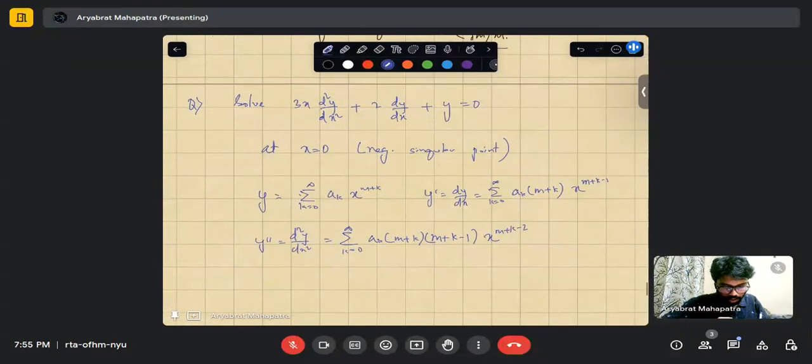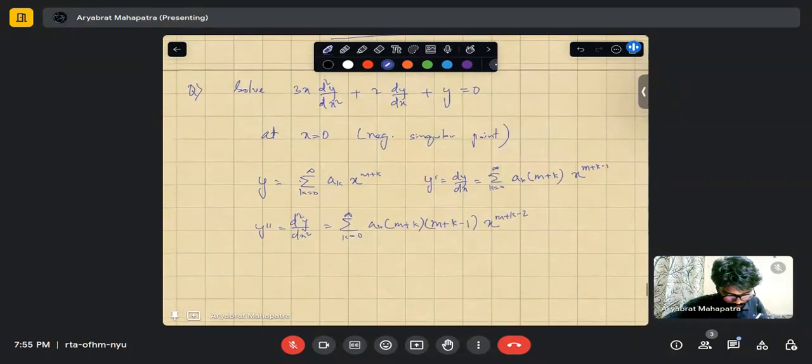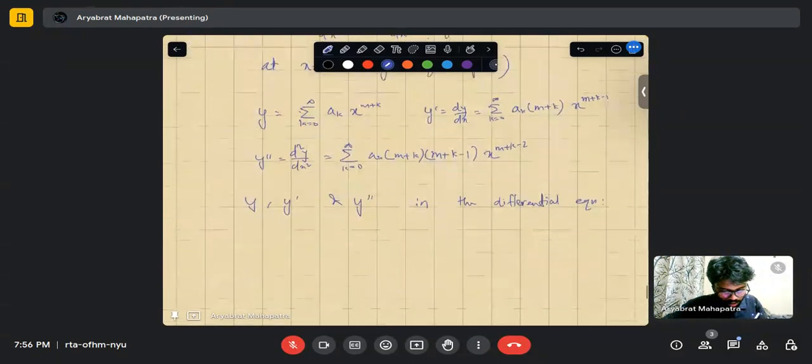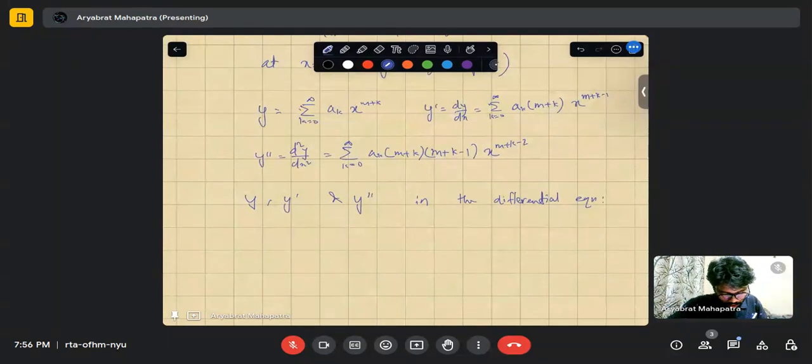Then you substitute y, y prime and y double prime in the differential equation, and that will give you an expression in the following way: 3 times a_k (m plus k)... I'm just quickly writing this down. You can work it out in the same way which we did previously. The same process you have to use.